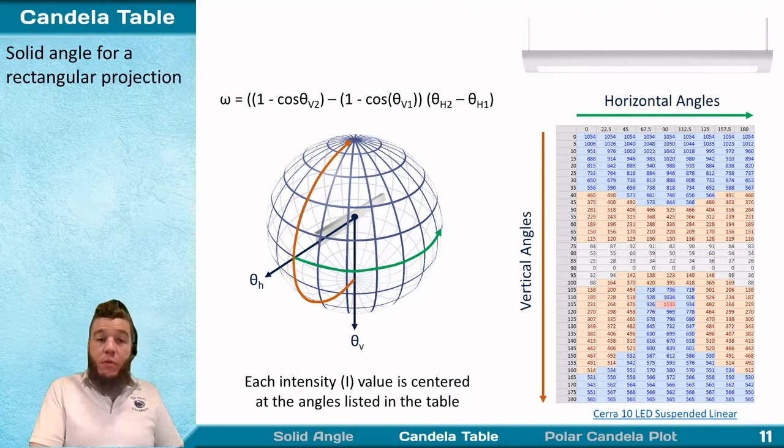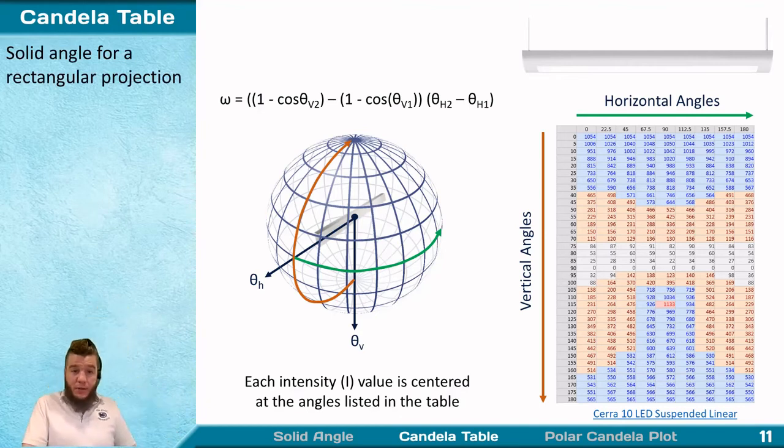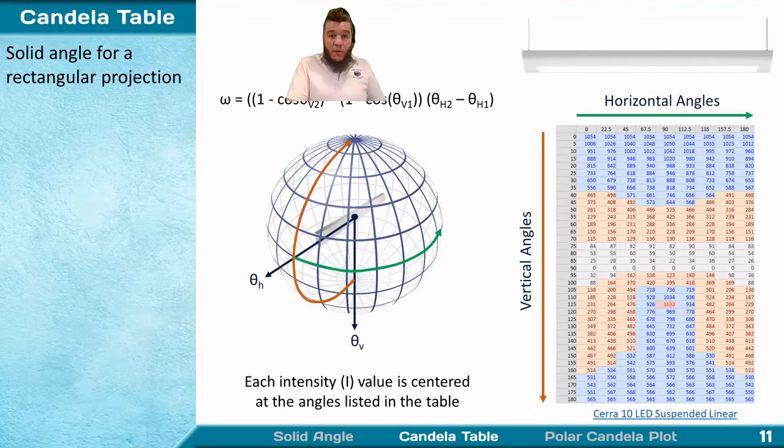The solid angle for a rectangular projection. Let's break this down a little bit, and then we'll apply it. First off, we have V2 right here. This is the second vertical angle, or the higher up vertical angle.